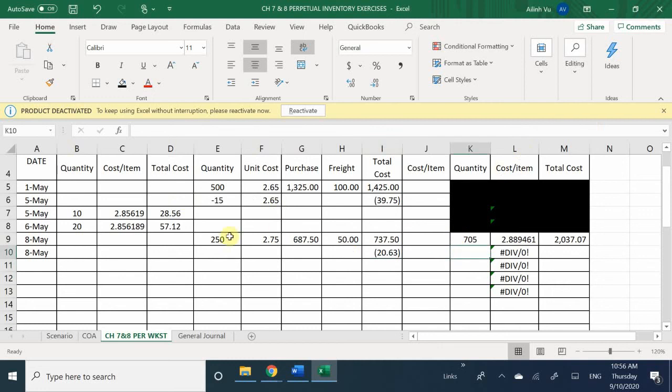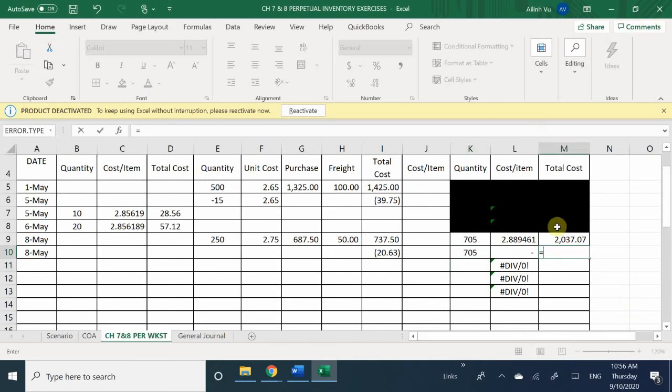And in this case, I'm going to pull it across, because I'm still keeping that cell reference there. If I didn't return anything, I still have 705. But this time, my total cost is no longer $2,037. It is now subtracted by the $20.63, and what do we get? 2016.45.